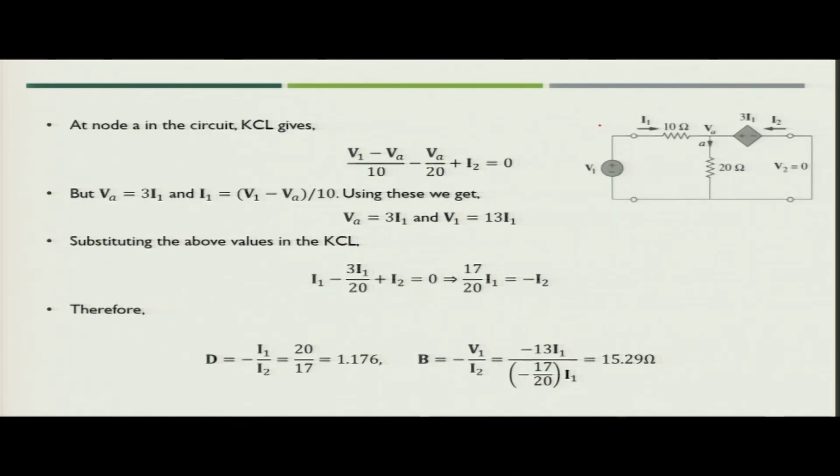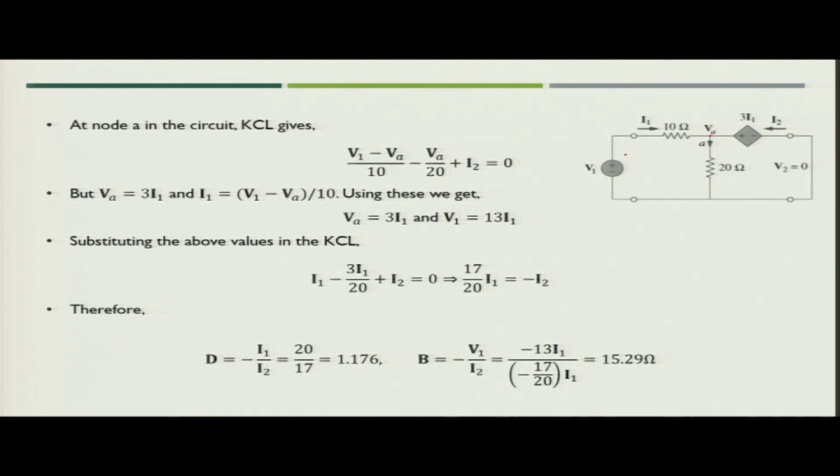If you see the circuit, you can apply Kirchhoff current law at this node. Let us say the voltage at this node is VA and we apply Kirchhoff current law at this node. So, what we can write?